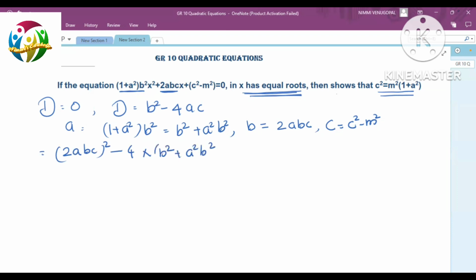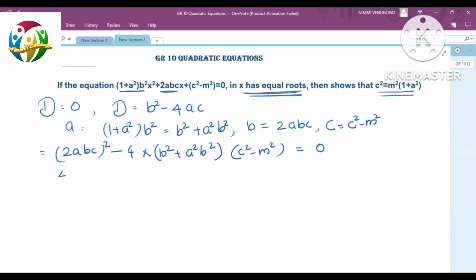Whenever there is more than one term, it is better to keep inside the bracket. Then what is the value of c? C is c square minus m square. That is equal to what? Discriminant is equal to 0, no? So equal to 0.